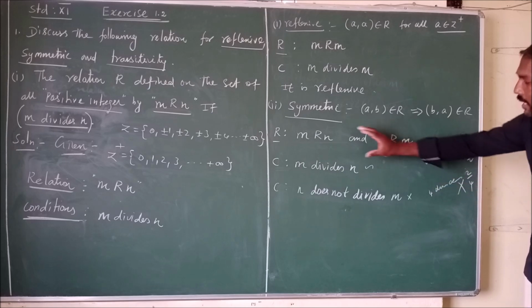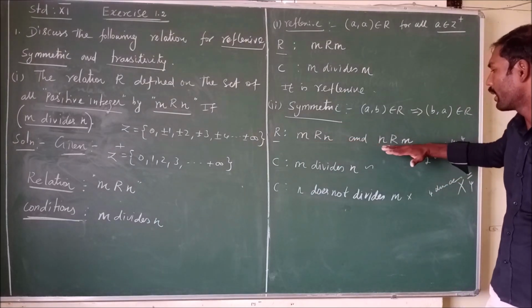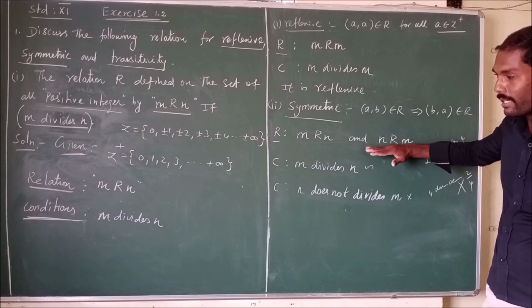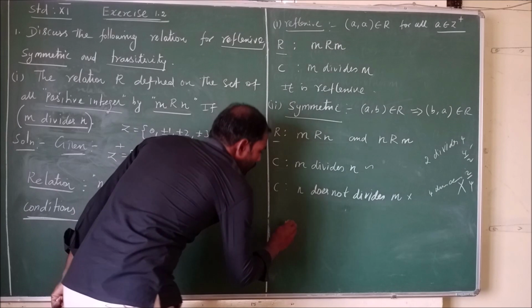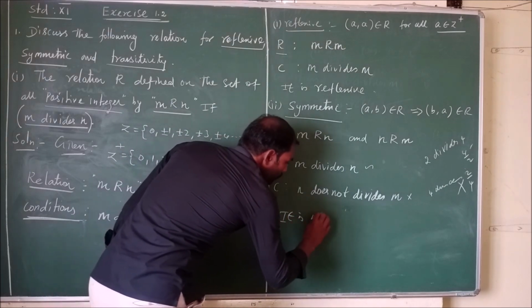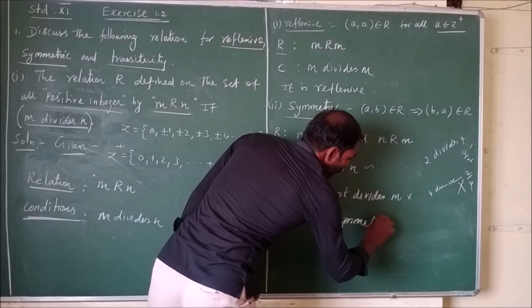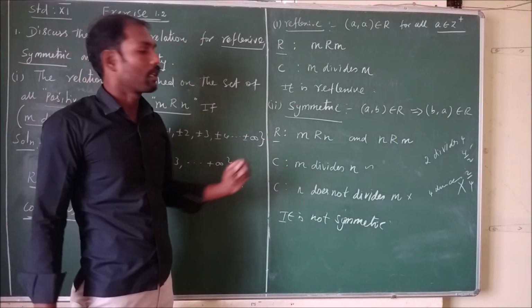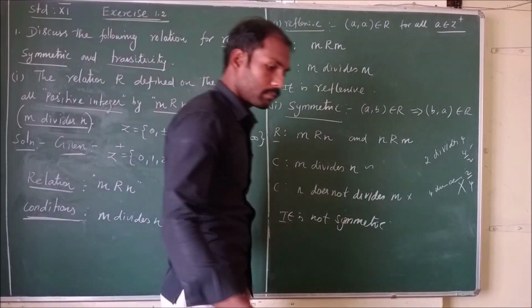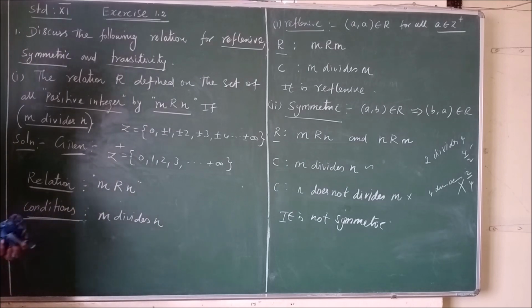Hence, m related to n does not give n related to m, so the given relation is not symmetric. The third one is transitivity.